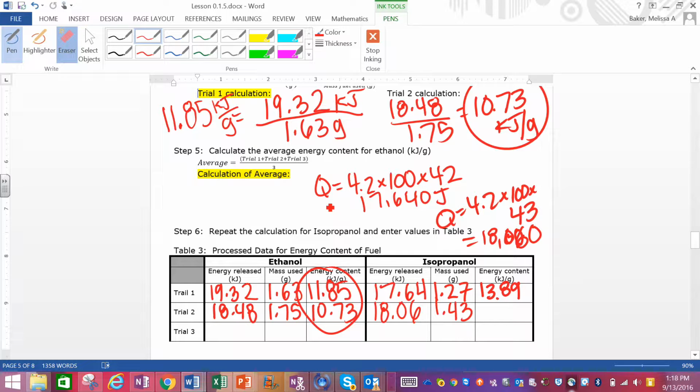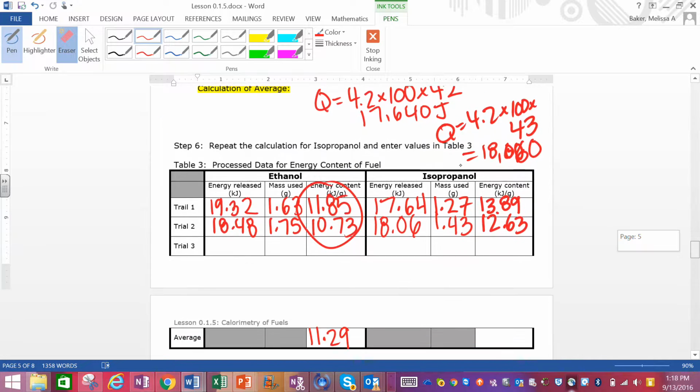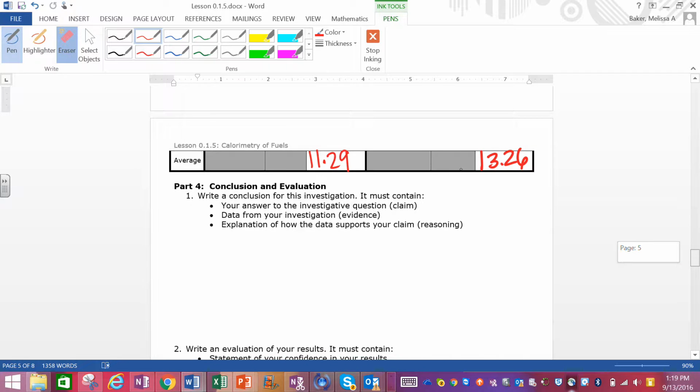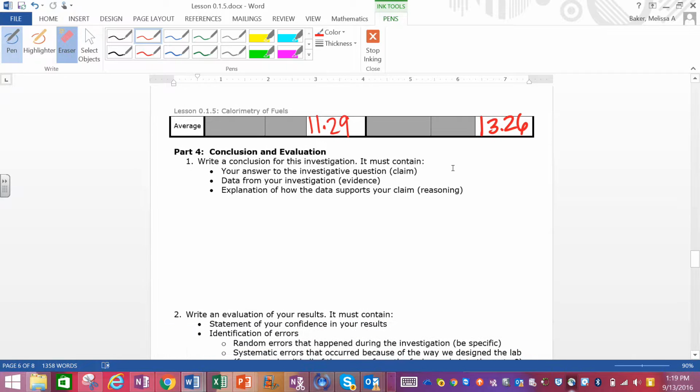So 18.06 divided by 1.43, 12.63. So now I'm going to find my average. 12.63 plus 13.89 divided by 2. My average for isopropanol is higher, 13.26.